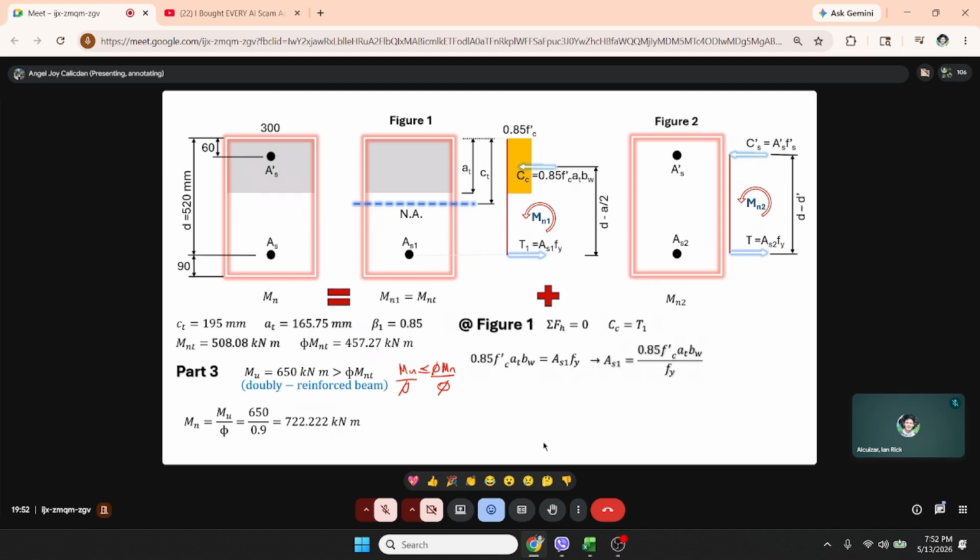And Fy na siya automatic here sa figure 1 since tension controlled man, and tension controlled kay ga-yield ang steel. So 0.85 times Fc prime 27.5 times a na 165.75 times 300 over 415. So AS1 is 2,800 square mm.